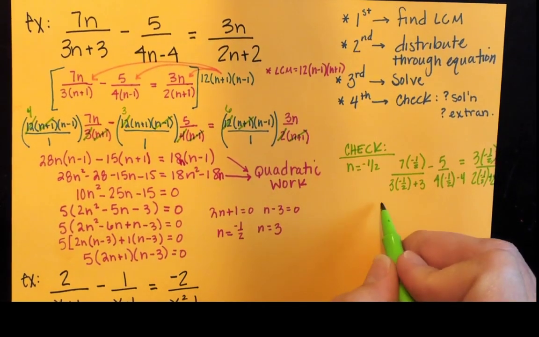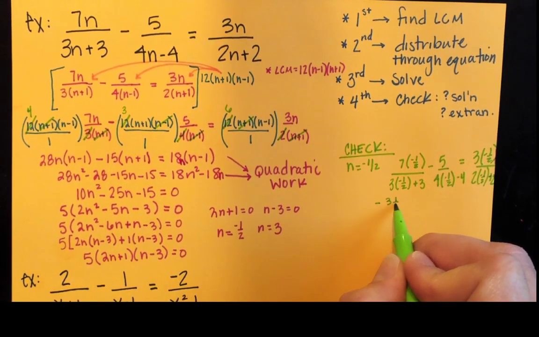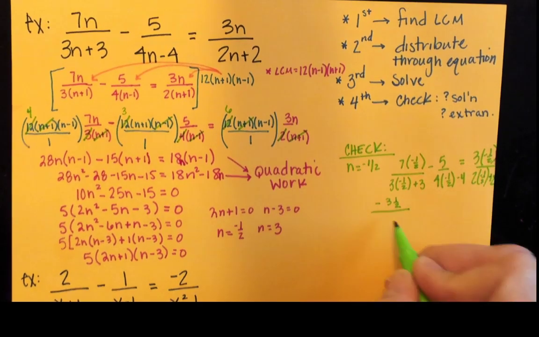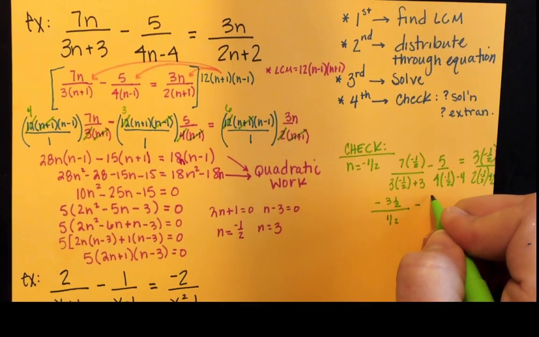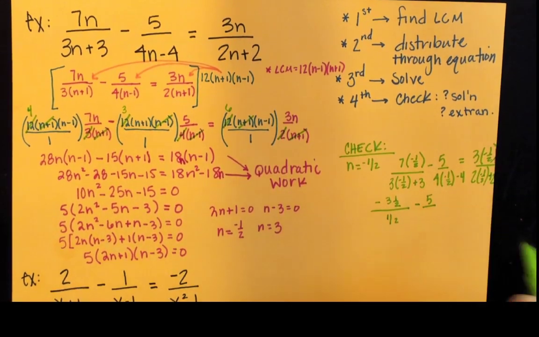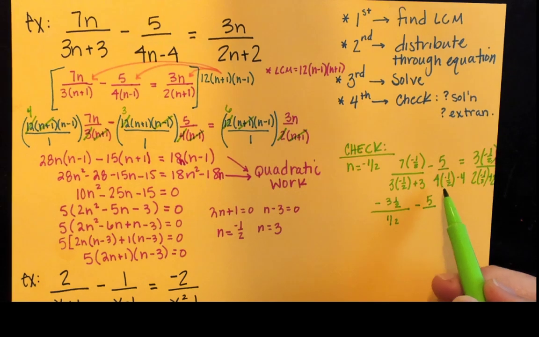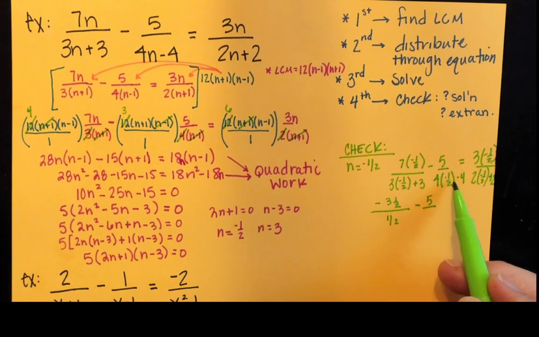This ends up being negative 3.5 over 1/2, minus 5 over, I can do that in my head, so we end up with negative 2, take away 4 more is a negative 6.